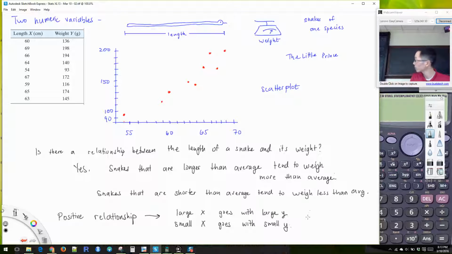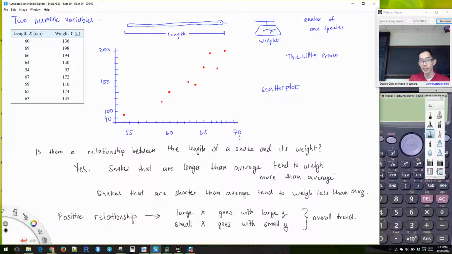This is not an exact thing, but just the overall trend. And that's what we see.